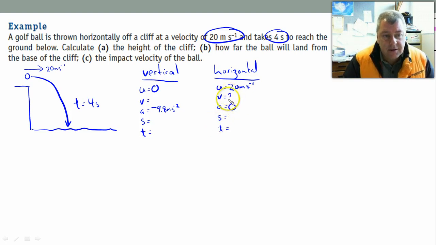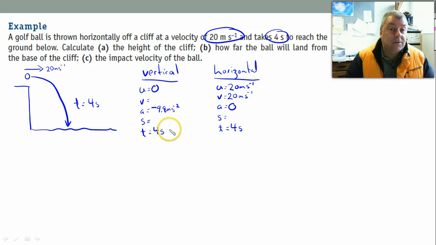That means the final velocity must be 20 meters per second. Got that? And we've got 4 seconds, so we can put 4 seconds in there because that's the horizontal time it takes. But we can also put 4 seconds in here because that's the vertical time it takes. Now we've got two s's, so make sure we don't mix those up. The horizontal is that distance there. The vertical s is how high the cliff is.